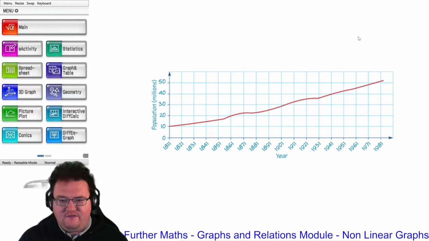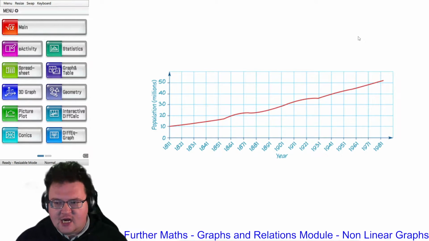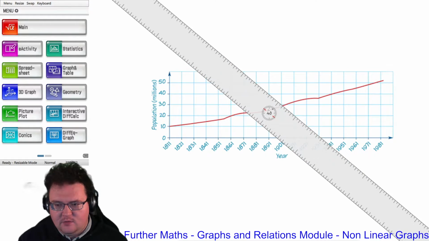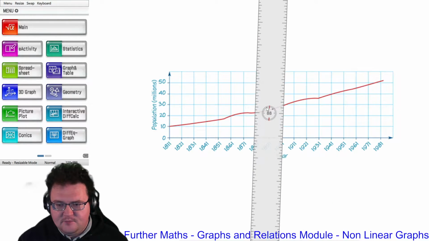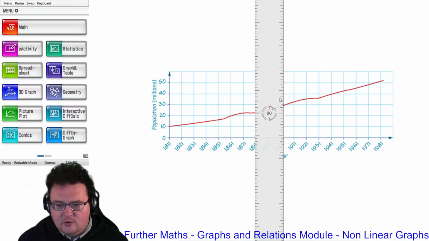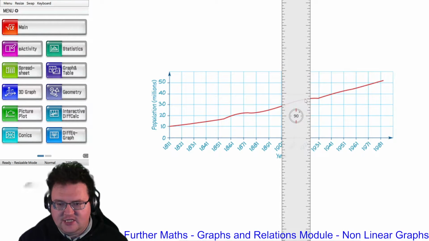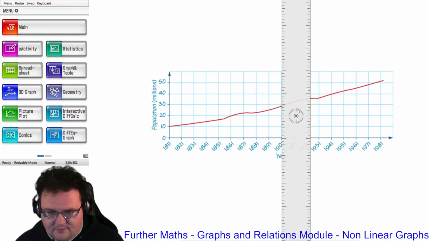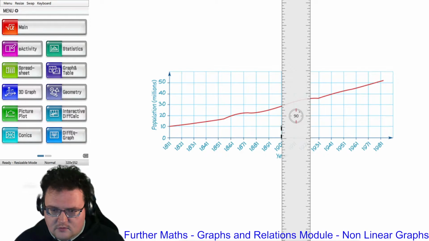I can look at this graph and, for any time between 1811 and 1981, I can line it up and find my answer. So if I wanted to know what the population was in 1901, I measure straight up from 1901, and the ruler is going to help me.